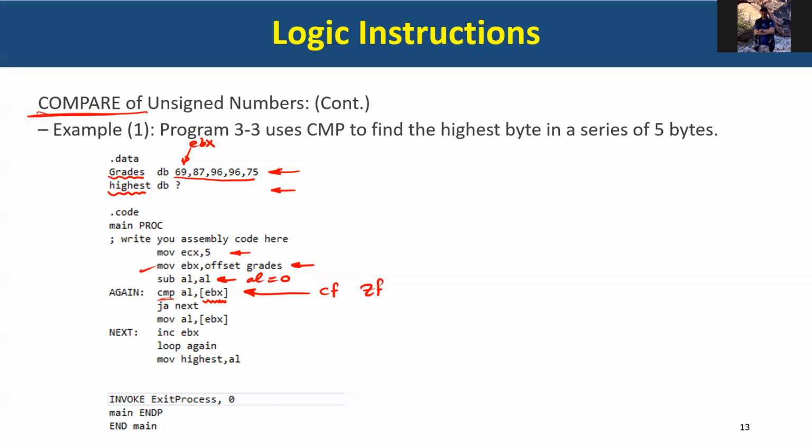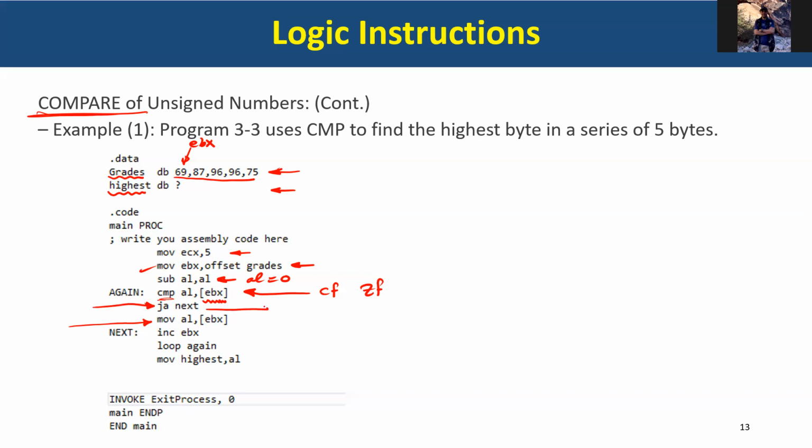This is the line in which we can store the value 69 in AL, but we want to execute that instruction, move AL, [EBX], only if AL is less than the number pointed to by EBX. That's why here we say jump above.